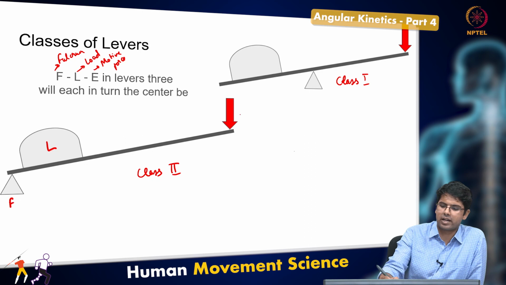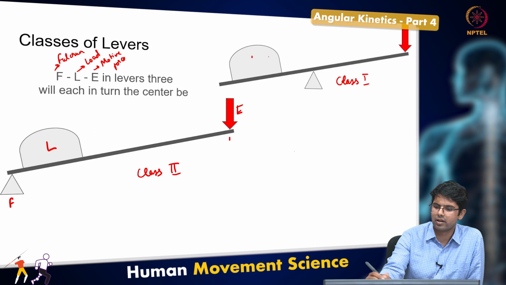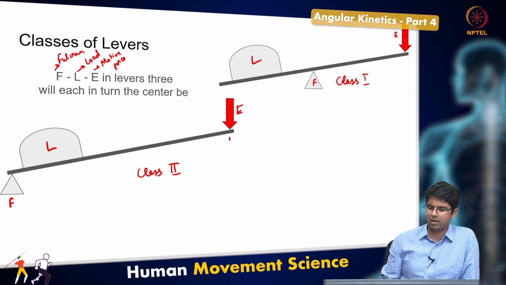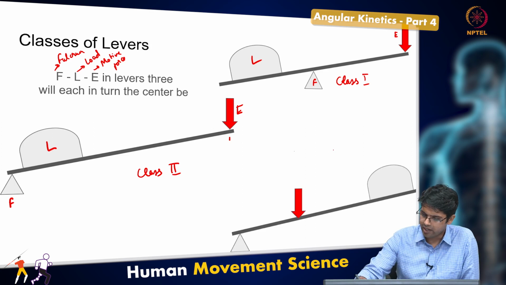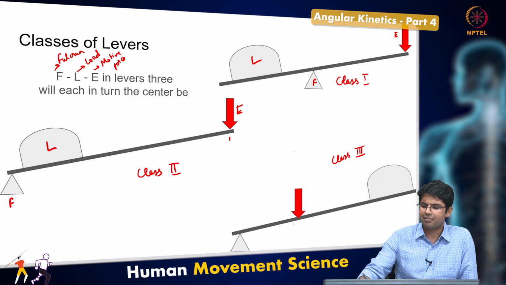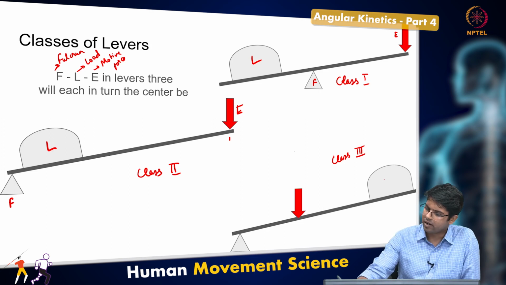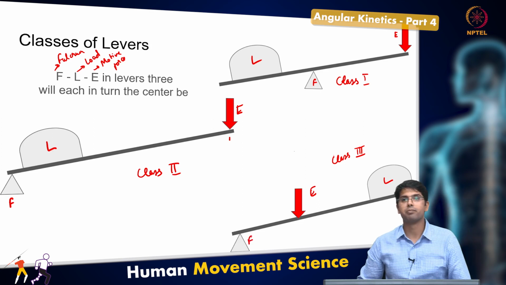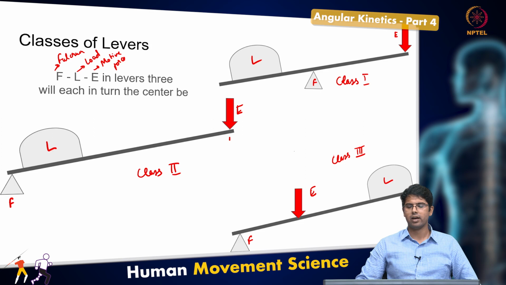The fulcrum is at one extreme and the effort applied is at the other extreme. Same way, load, fulcrum, effort. Okay. And in class 3, you have the effort that is applied in the center, so FLE, and you have load at one extreme and the fulcrum at the other extreme. Okay, so these are the fundamental 3 classes of lever.